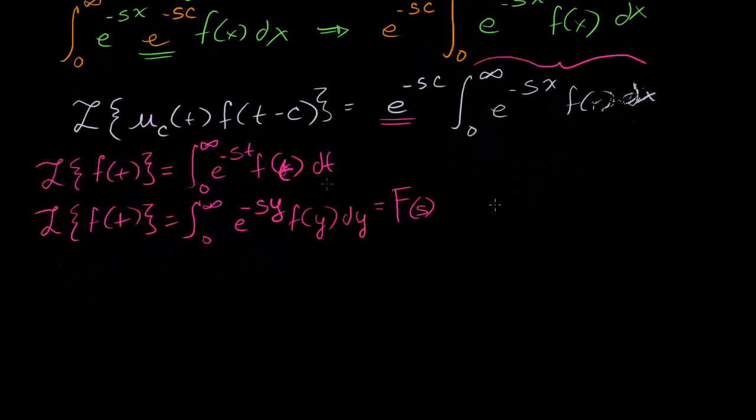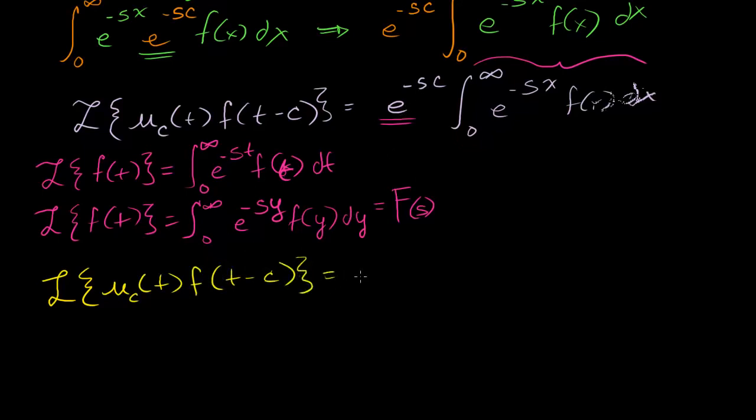And that's what we set out to show. So we can now show that the Laplace transform of the unit step function times some function of t minus c is equal to e to the minus sc, where this c is the same as this c right here, times the Laplace transform of f of t.